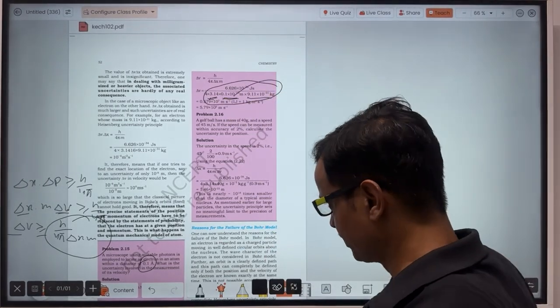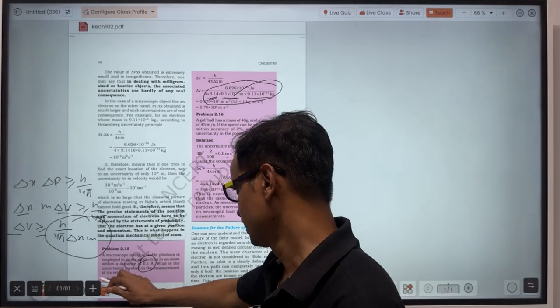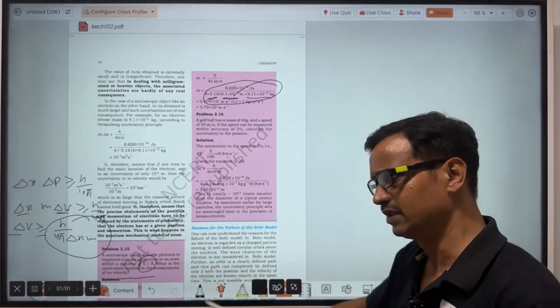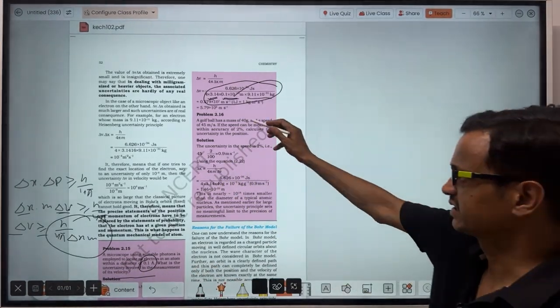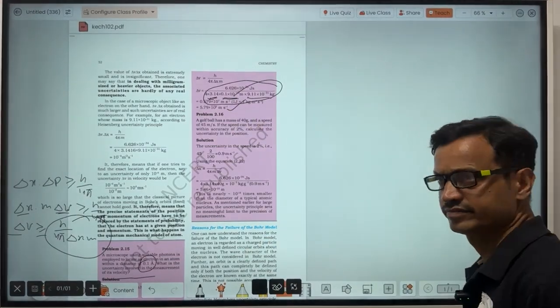That has been calculated because the mass of the electron is that much.